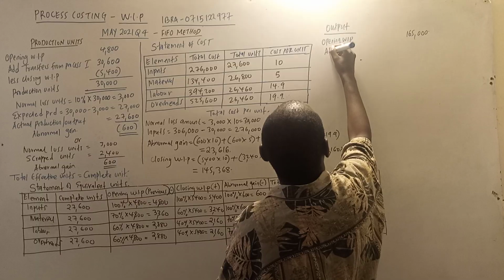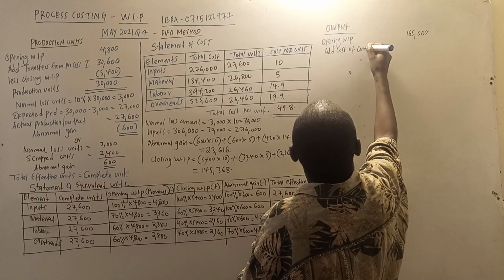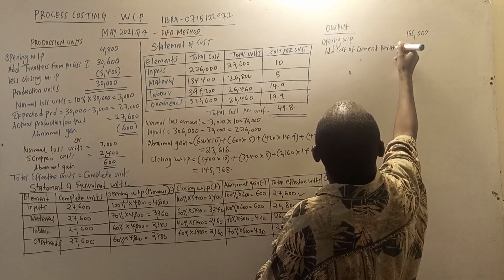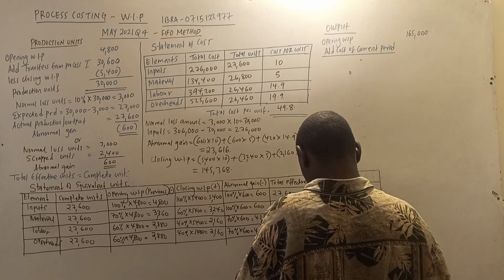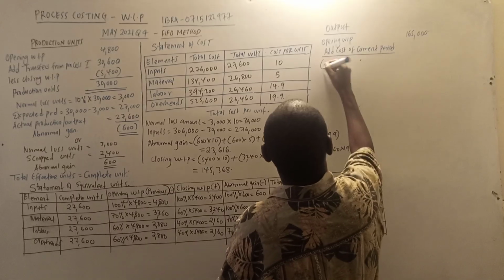Then you add cost of current period. So current period, this is the current period.